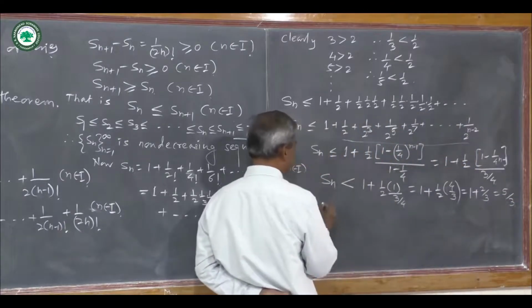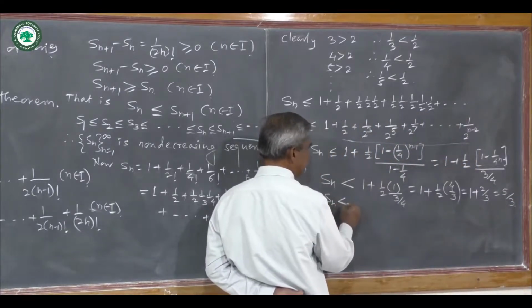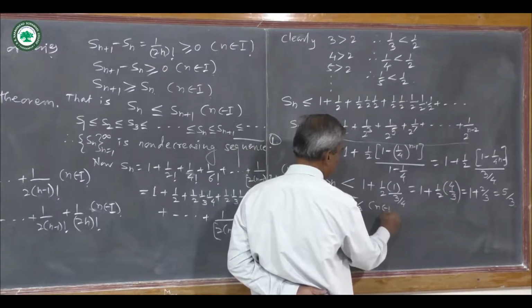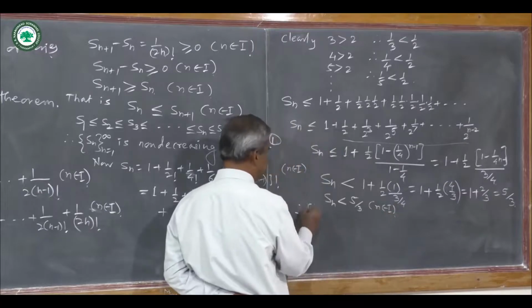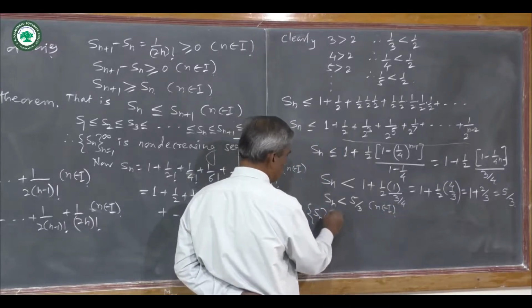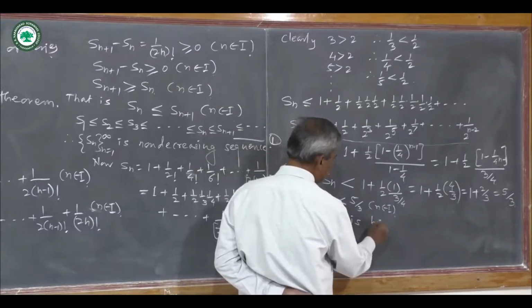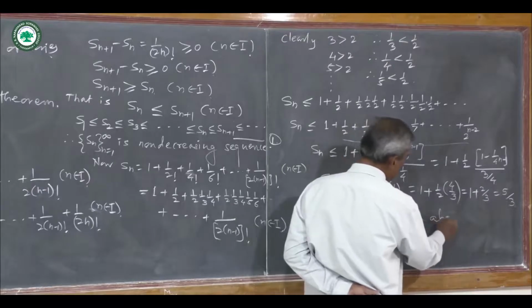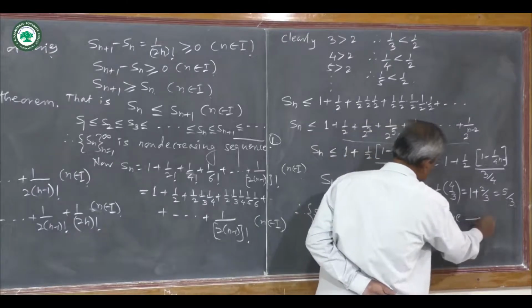Therefore, the sequence Sn is less than 5 by 3 for every n belonging to I. So the sequence Sn, n equal to 1 to infinity, is bounded above.